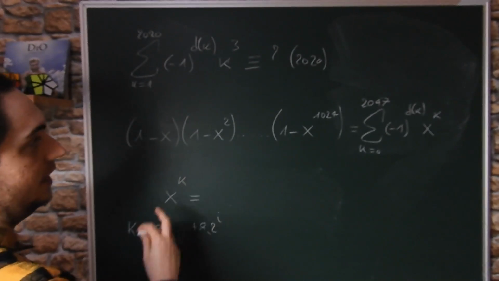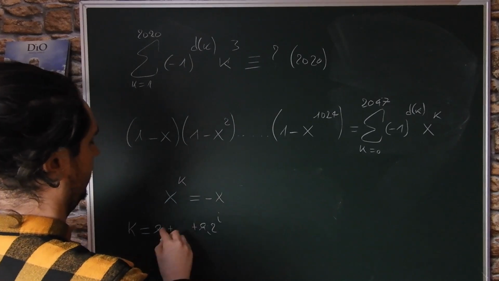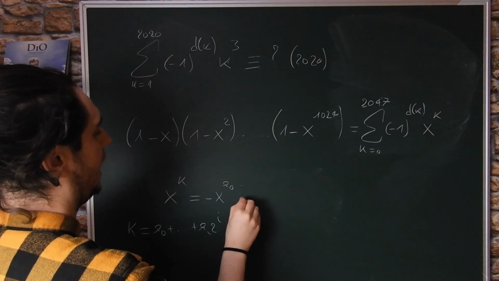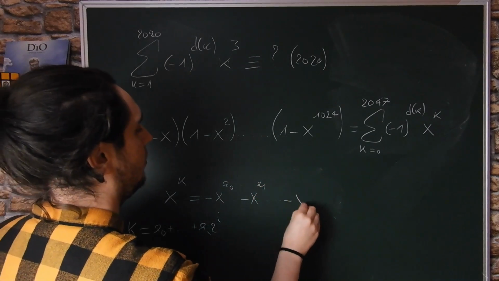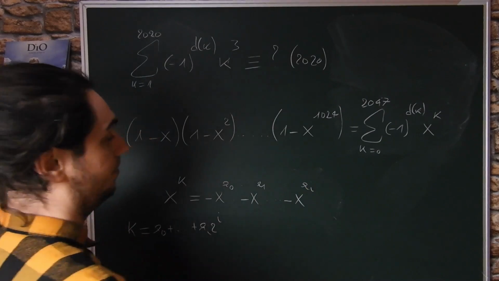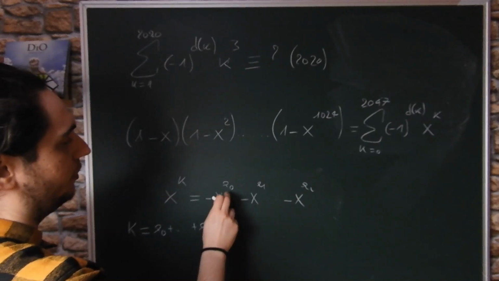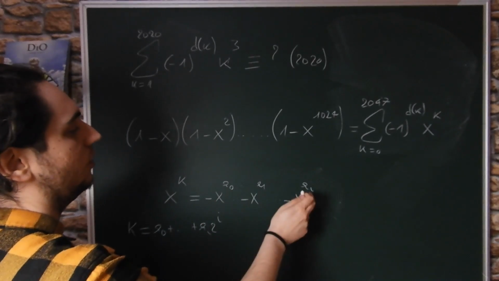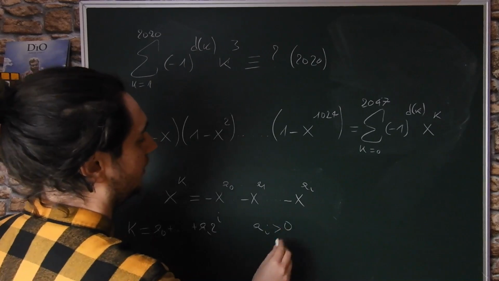So x^k is exactly composed by (-x)^a0 times (-x)^a1, up to (-x)^ai, if and only if all of these a0, ..., ai are strictly bigger than 0.